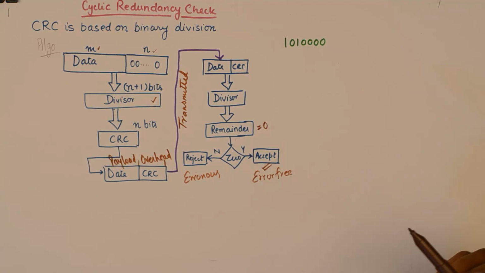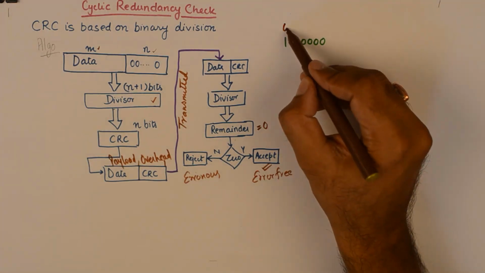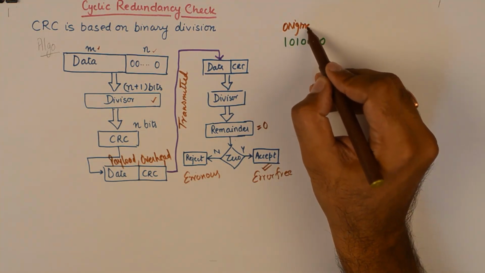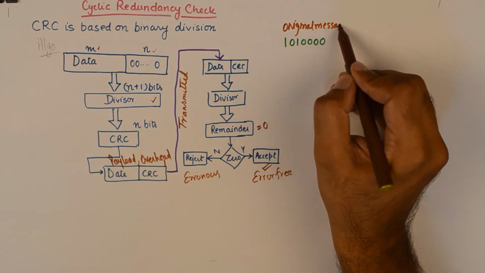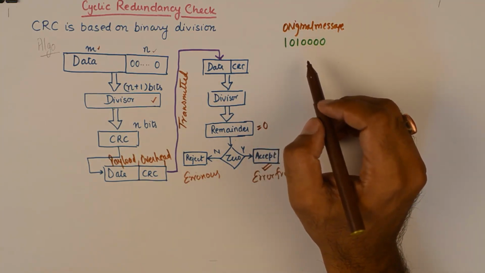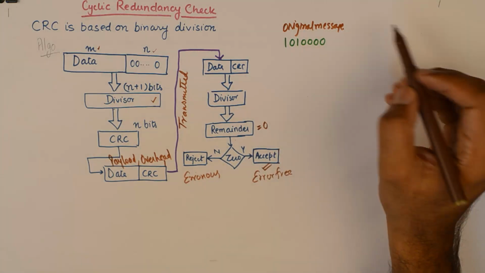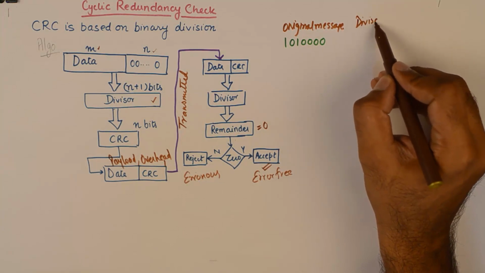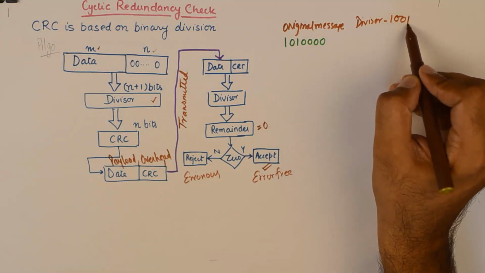Now we'll take up an example where we wish to send 1010000 as the original message, and we'll take the divisor to be 1001.